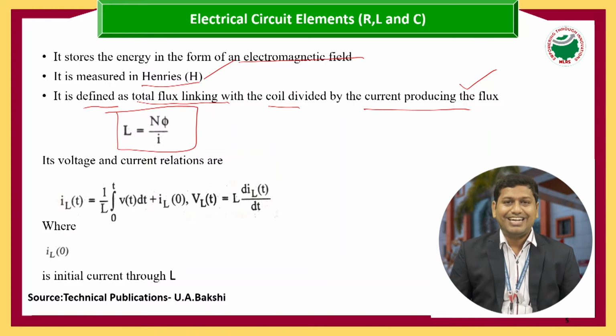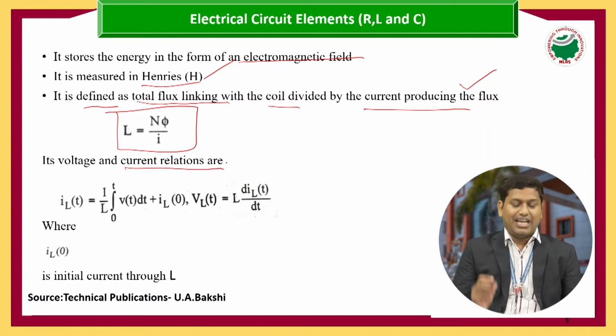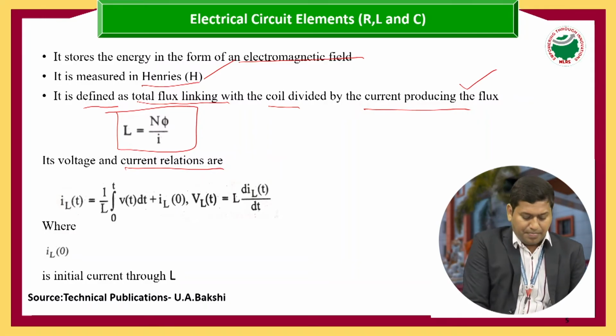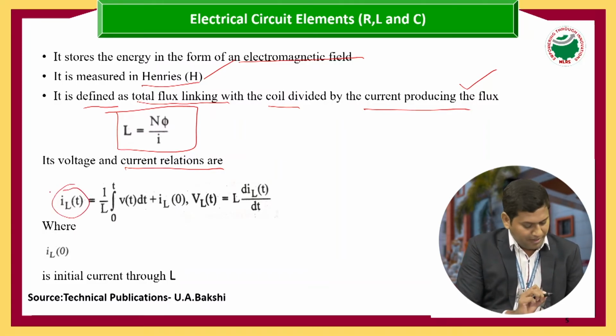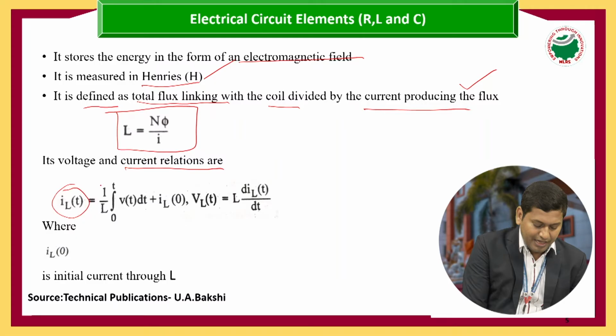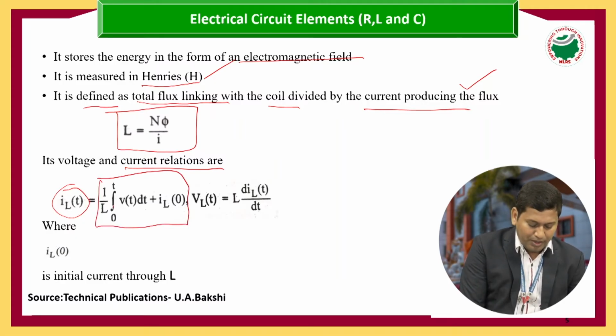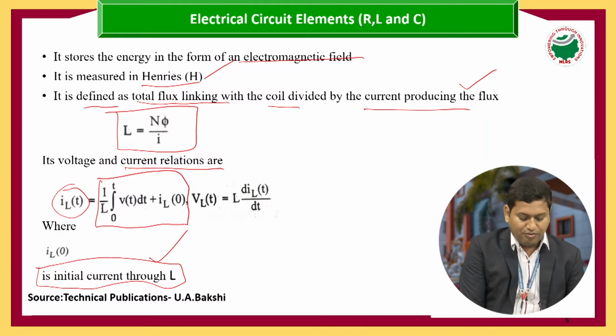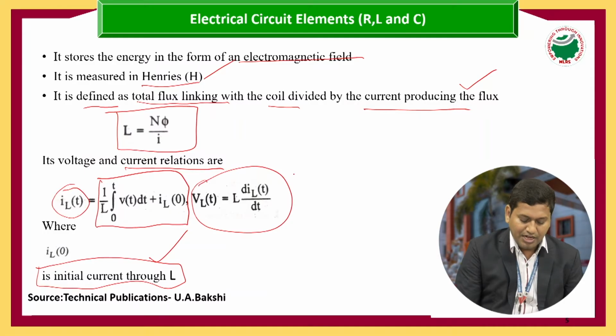After that, let us see the current and voltage relations of this L. When you talk about the current relation, obviously on the left hand side you are going to get I. That is IL, the inductive current with respect to time, given by 1 by L integral from 0 to t of V of t dt plus IL of 0, where IL of 0 is the initial current through L. From this equation, if I apply the derivative on both sides, I am going to get the equation for voltage.